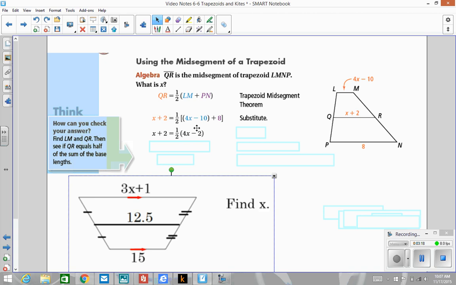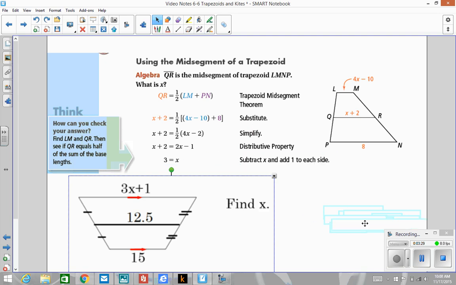So we add the 8 to the -2, we get -2, and then we distribute, which I get 2x minus 2, and then I finish with my solving, and so I get x is equal to 3. Of course, I could also ask you for the length of those pieces. So now, do the same thing here and find the value of x for this one. On the test, I'll ask you to find the length of the missing pieces also.